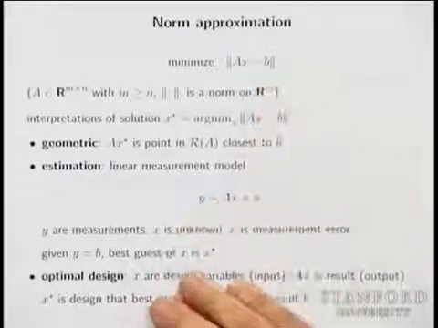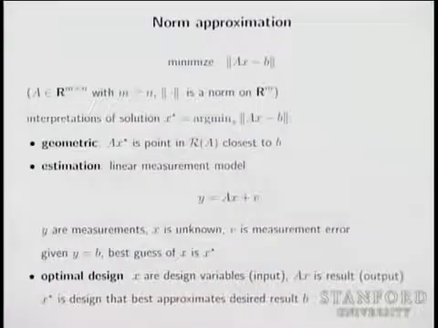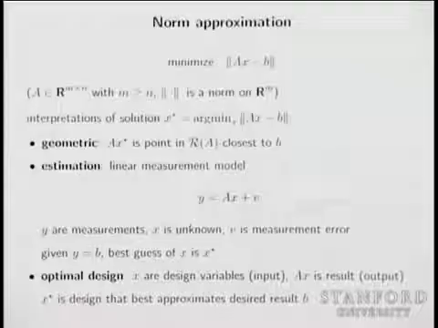And then the norm is a measure of plausibility. Actually, it's a measure of implausibility of the noise v. So for example, if norm v is large, that means it's highly implausible, your guess. If the norm is small, it's more plausible. So that's the idea. Here, the best guess is going to be x star, the one that will maximize plausibility here.